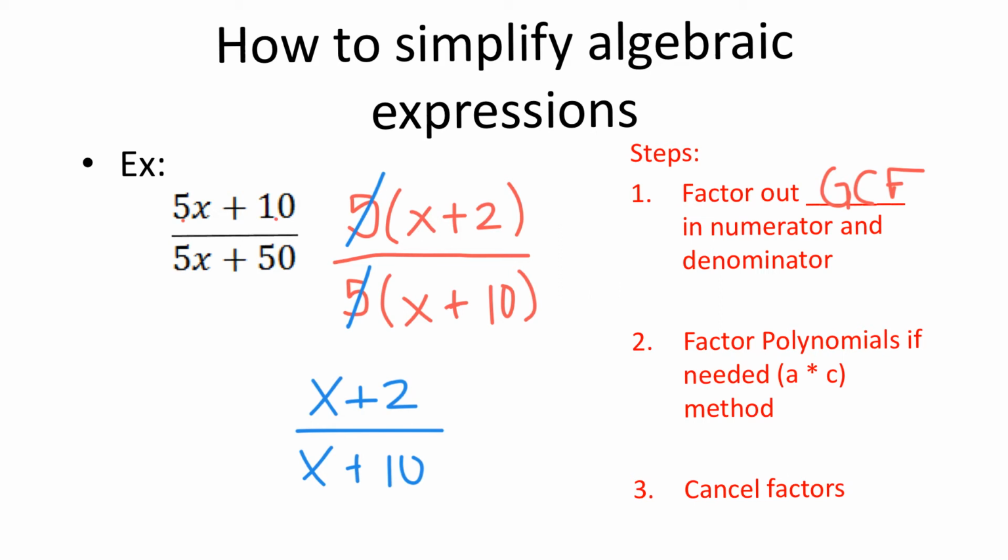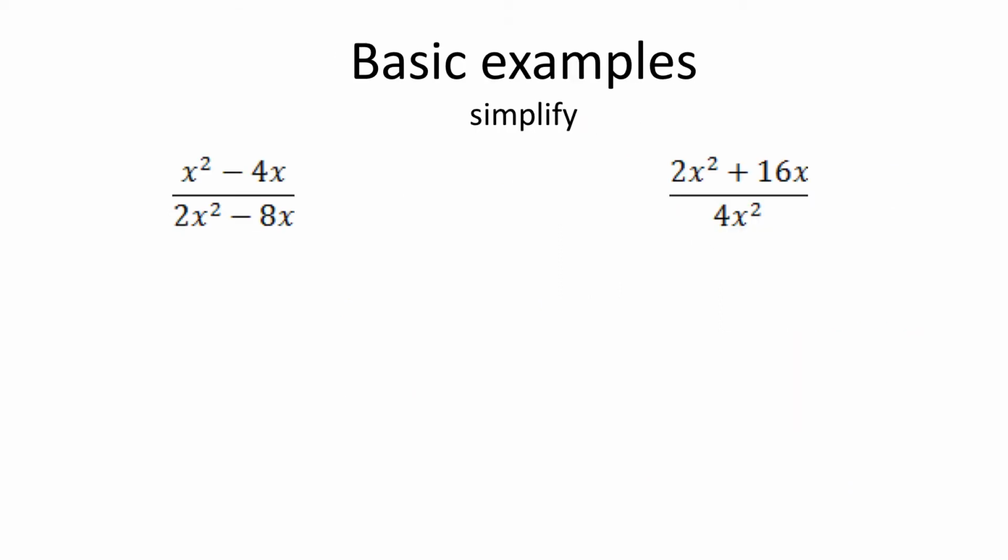And so that's about as easy as simplifying algebraic expressions gets. So let's look at a couple of examples that require us to do a little bit more work. So the next thing I have are just basically two easy examples that are going to require us to do our first few steps. And so the first thing that we're going to do, like I had said, is we're going to try to find a greatest common factor. And so like I said before, we can treat the numerator and the denominator kind of separately.